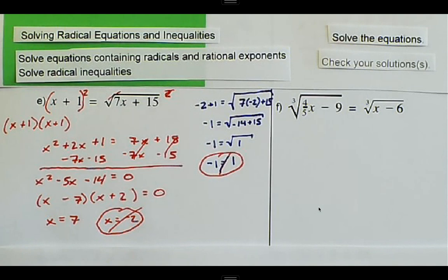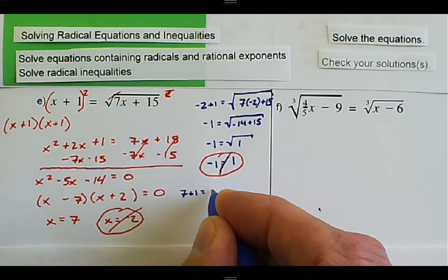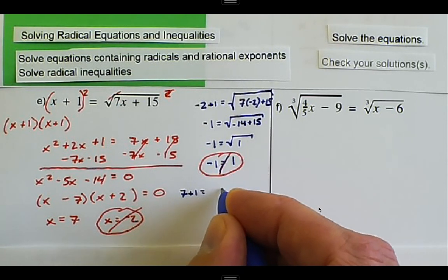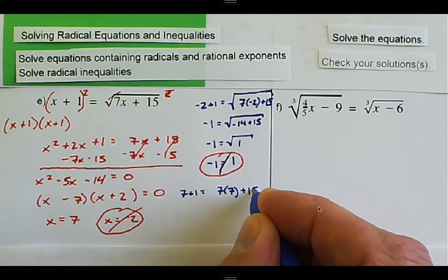The other one that we want to check is 7. So 7 plus 1 is equal to the square root of 7 times 7 plus 15.